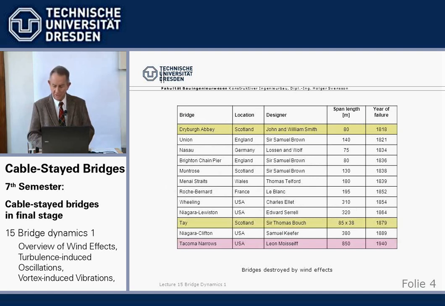And so what happened was that many of the larger early bridges, especially of course suspension bridges, failed due to wind. And look here, from 1818 to 1940, well known, or you have heard Dryburgh Abbey, one of the first cable-stayed bridges in England, I told you in lecture 2.